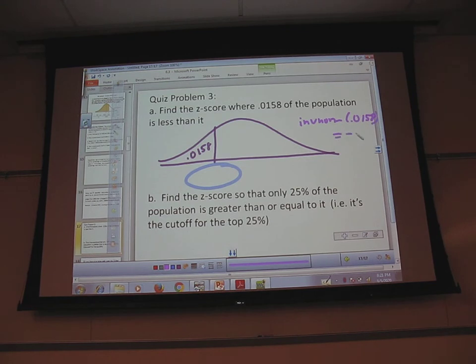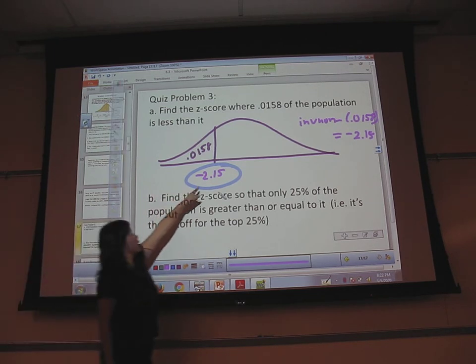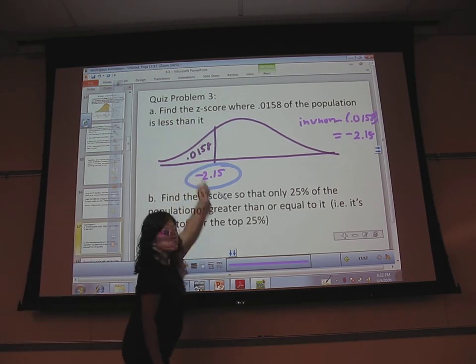Negative 2.1494. So that means this is negative 2.15. Because again, remember, we're going to round these guys to 2 decimal places and 4 decimal places.